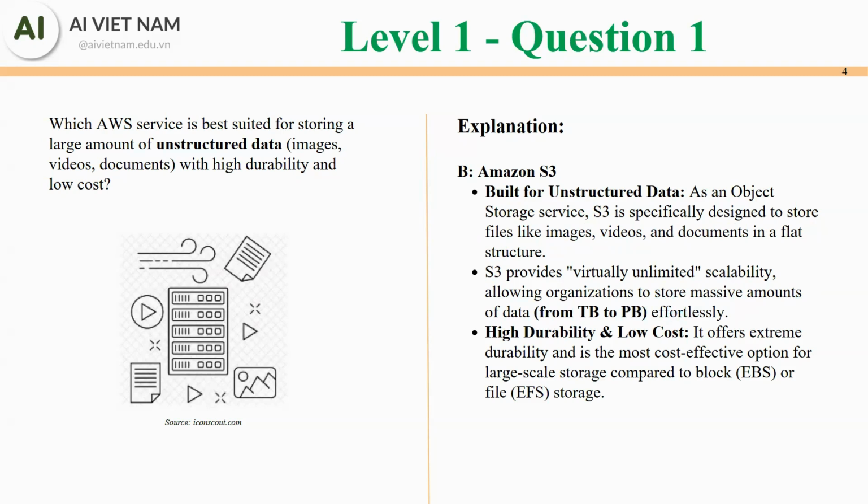Next is high durability and low cost. S3 offers extreme durability and is the most cost-effective option for large-scale storage compared to EBS, which is Elastic Block Store, or EFS, which is Elastic File System.